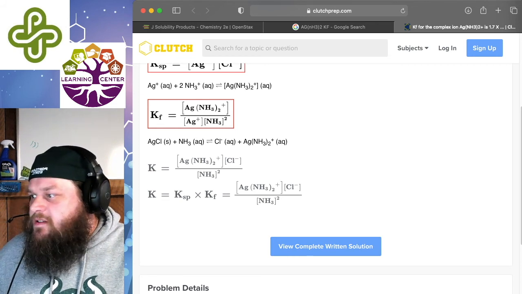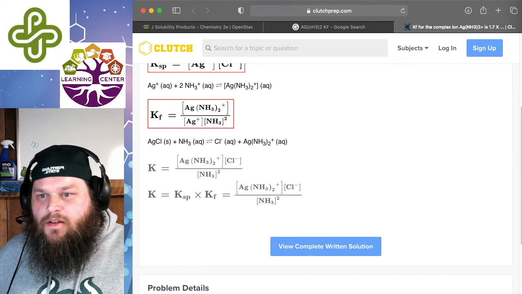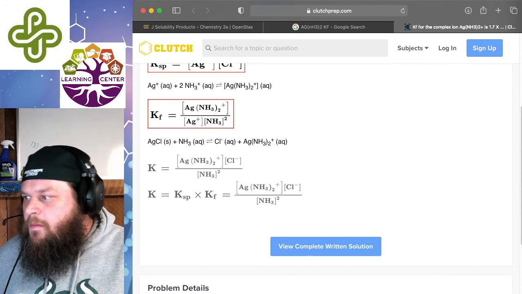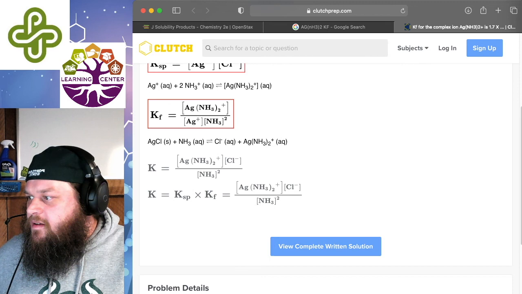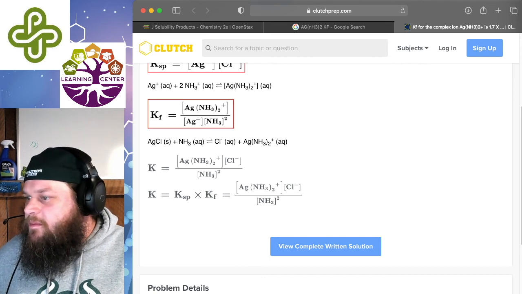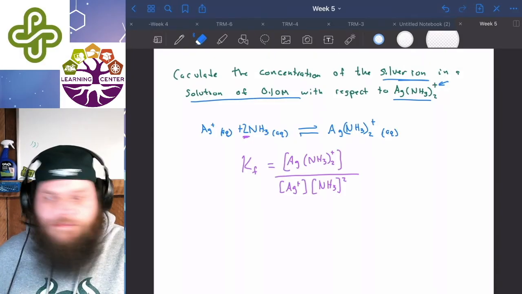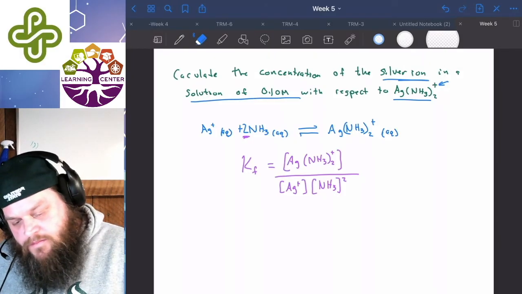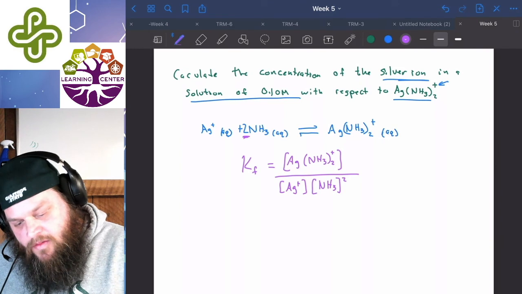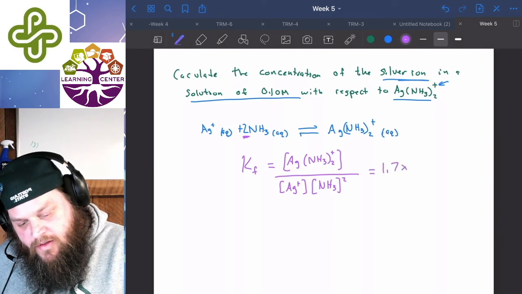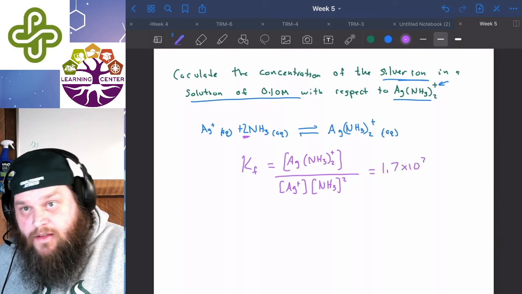So that's what it's telling us here. 1.7 times 10 to the 7 is my Ksp, or K of formation for that. So this needs to equal 1.7 times 10 to the 7.